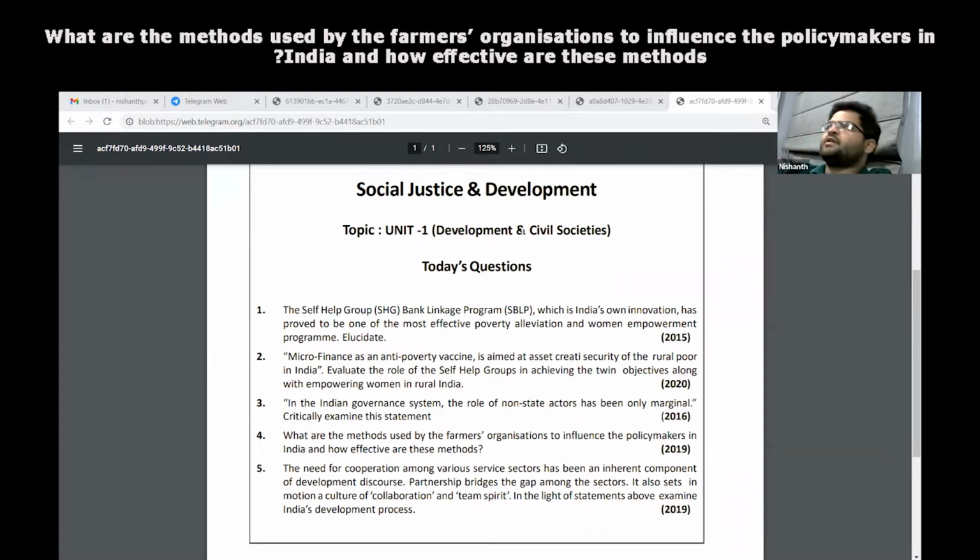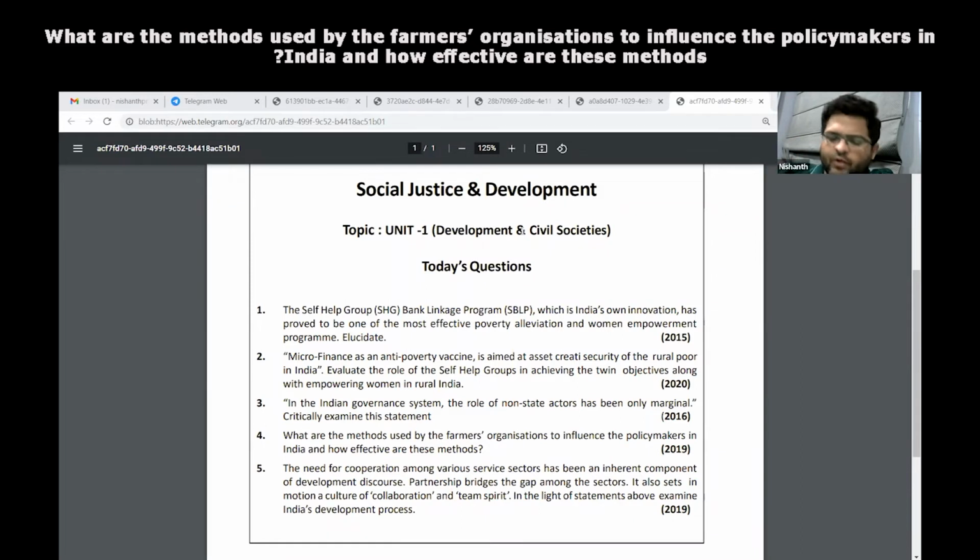Lobbying, protests, politicization. You can write so many methods of protests, and sometimes unnecessarily it is leading to violence. In the recent farm bill protest, farmers were lobbying with the central government.